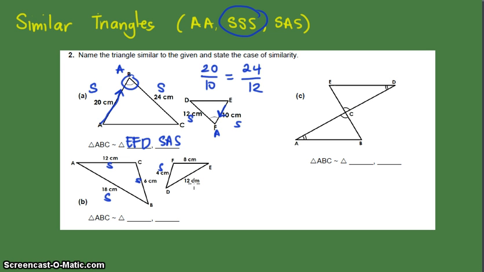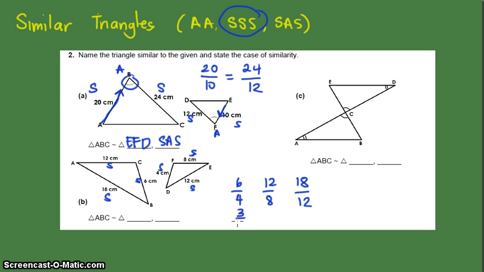Now to determine whether the two triangles are really similar, I'll place the sides in proper order, so 6, 12, and 18, and I'll get the sides of the second triangle from smallest to greatest. This is 4, this is 8, and this is 12. And I'll check if the fractions are really the same.